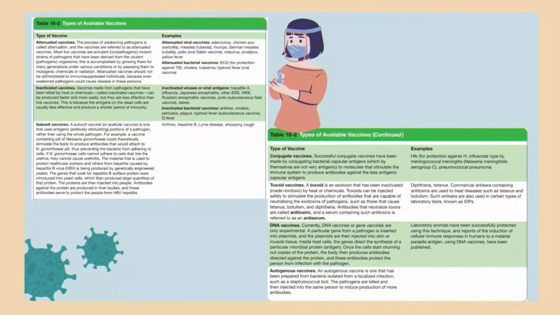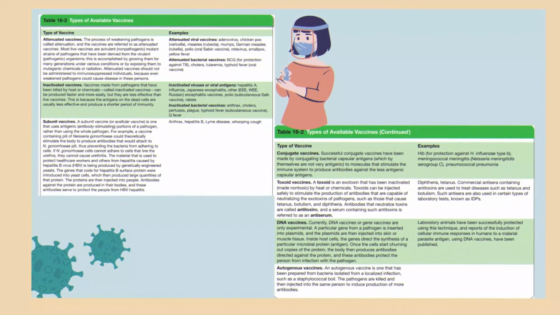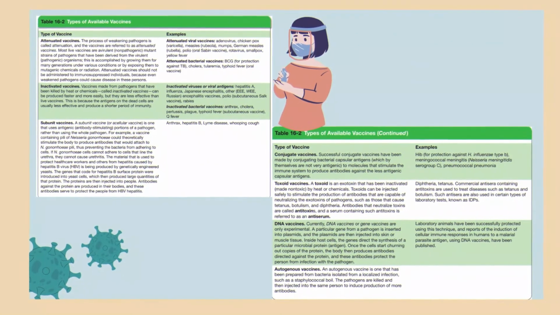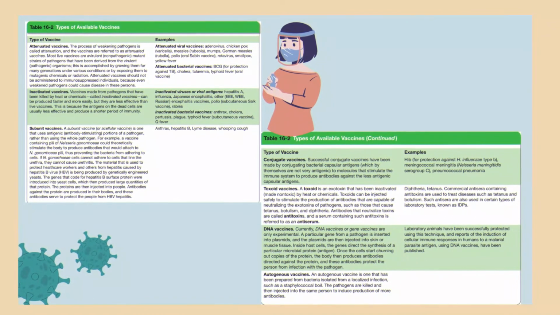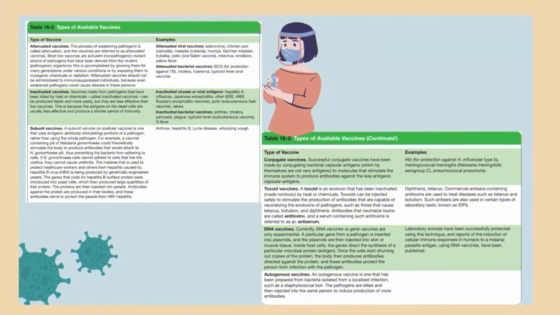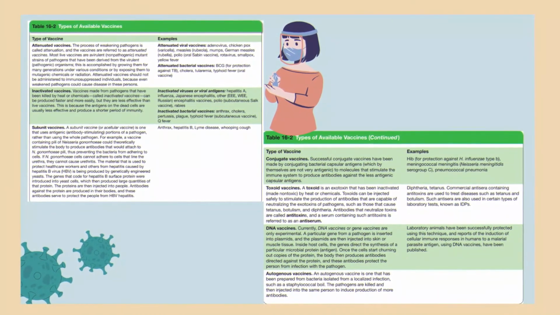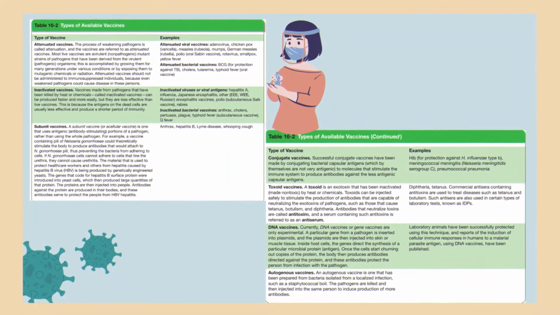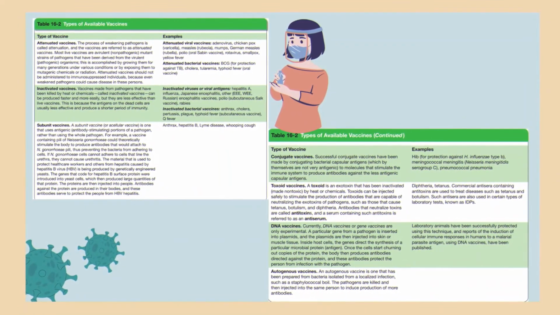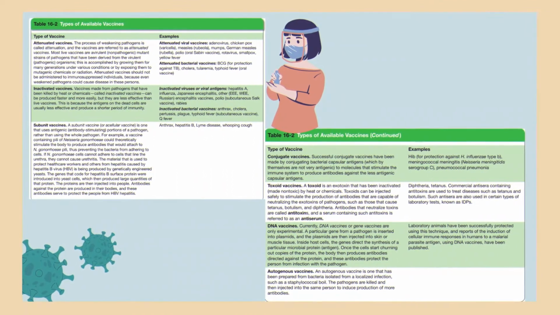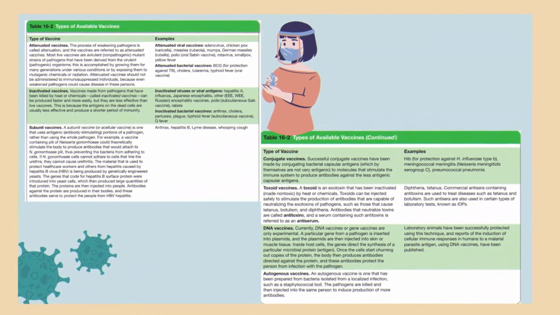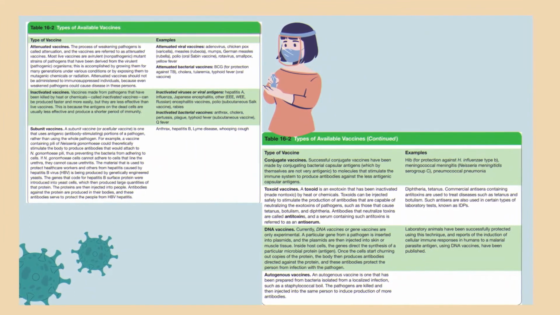Types of available vaccines. Attenuated vaccines. The process of weakening a pathogen is called attenuation, and the vaccines are referred to as attenuated vaccines. Attenuated viral vaccines include adenovirus, chickenpox, measles, mumps, German measles, polio, rotavirus, smallpox, and yellow fever.